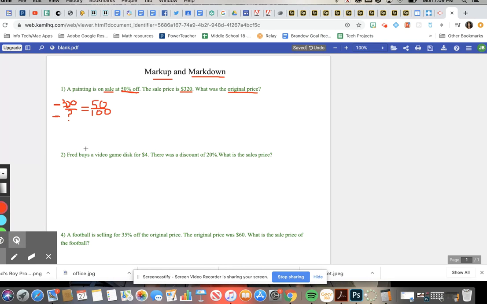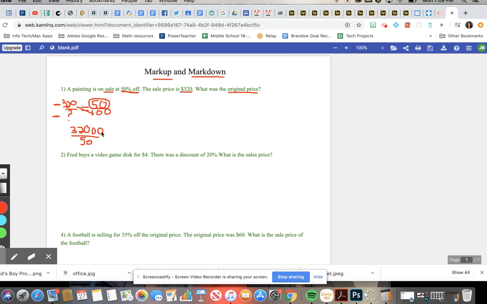Okay, and then we can just solve like a proportion. So cross multiply the 320 times 100. When we multiply by 100, we just add two zeros. So 32,000. And then we divide by the number that's left. So divide by 50.